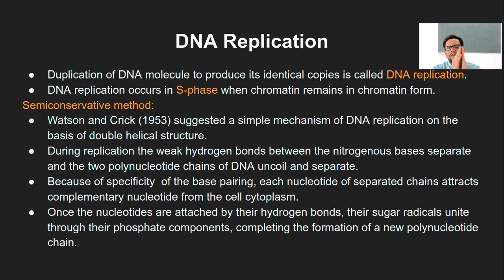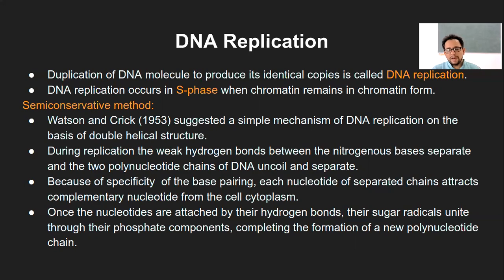If the DNA uncoils and separates, then specific new nucleotides will go and form a chain over those separated strands, with the help of nucleotides which are complementary to each other. That is how it happens.